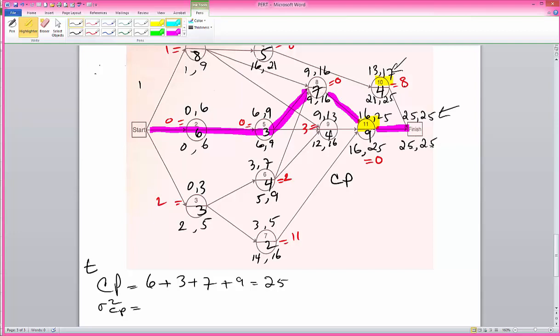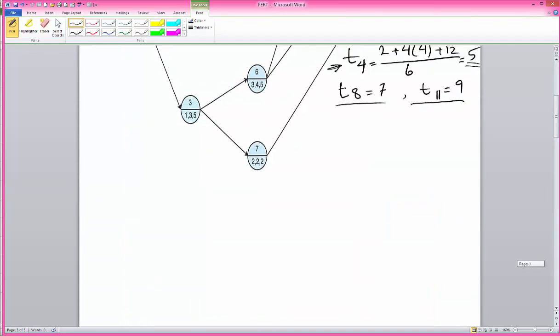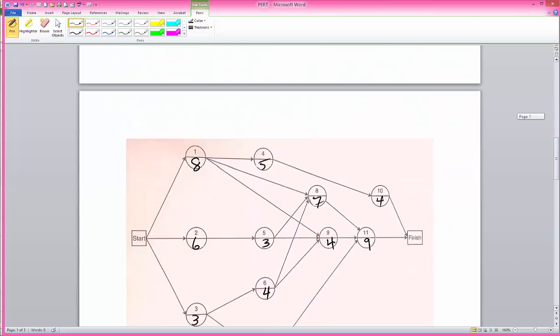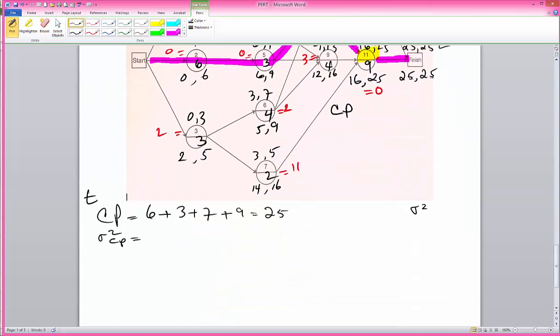Notice the variance for, let's say, activity 2: the times for activity 2 were 3, 6, and 9.